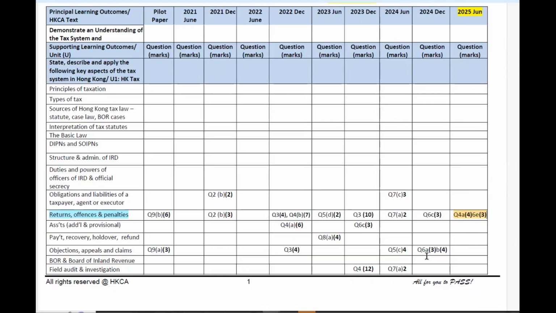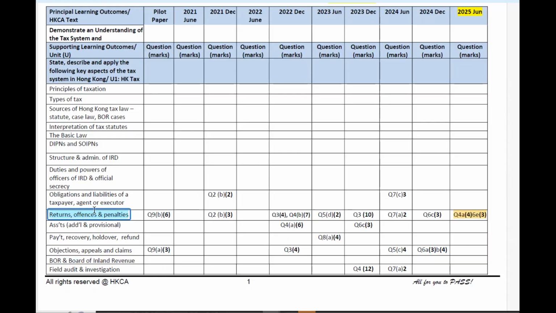So you think about this. What is this topic? Returns, offense, and penalties. How is this related to the 8 hot topics I've just mentioned? For example, for returns in your study, refer to your mind map, which I gave you before in your class. Refer to your mind map, page 57.